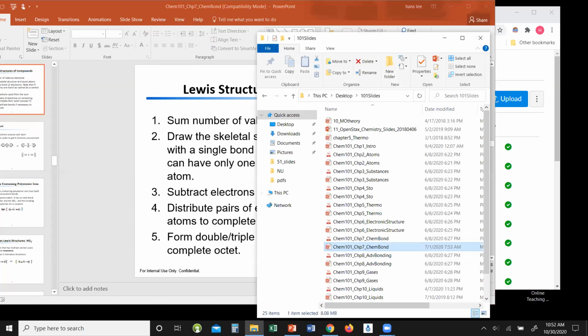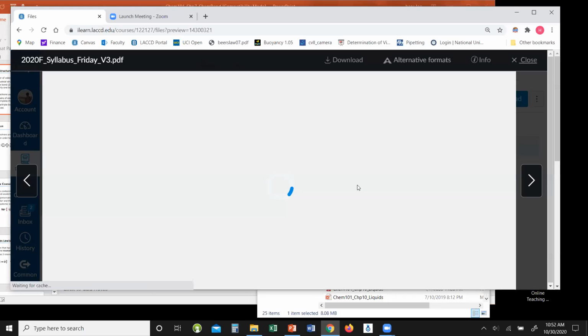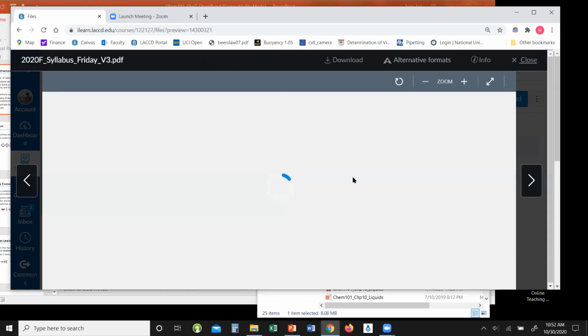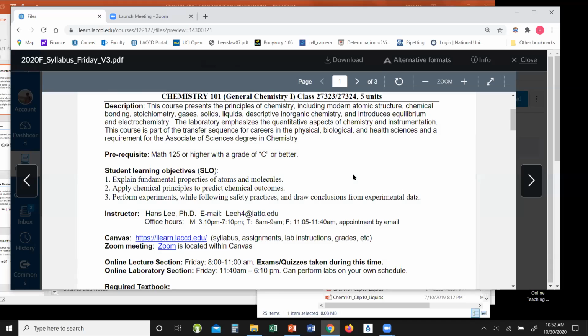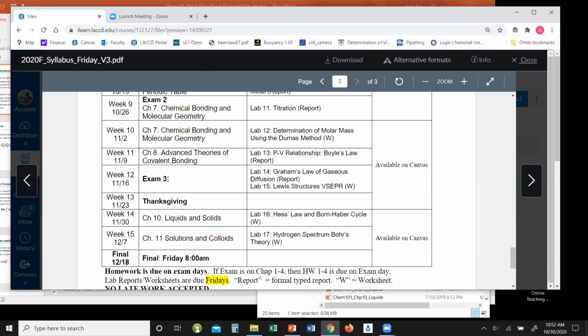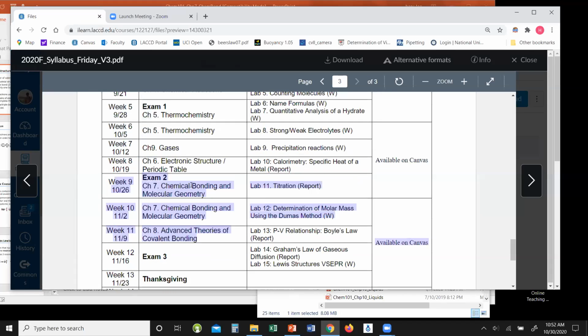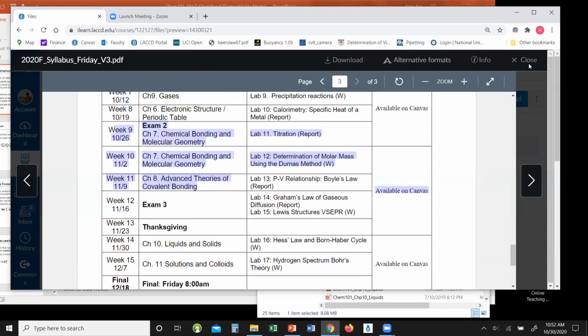Again, I'm not good at memorizing stuff, so I have to look at my syllabus. Yeah, my memory is, I don't know. Yeah, so you just have to go over here. If you want to know what's going to be on exam, you go, okay, exam 3, 7, and 8. Yes. Okay. Thank you. All right. Out of this.